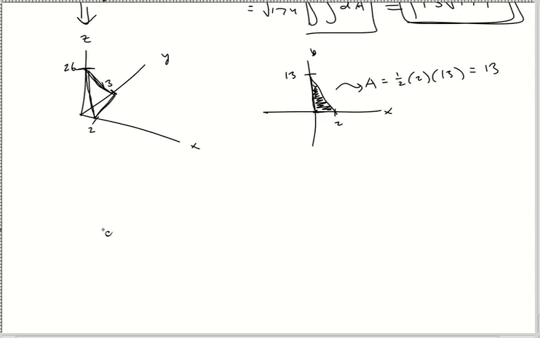What I did, and maybe it is a little silly, is set up the double integral from 0 to 2, and 0 to negative 13 over 2 x plus 13, of the square root of 174 dy dx. Notice what I've done here is made a line.